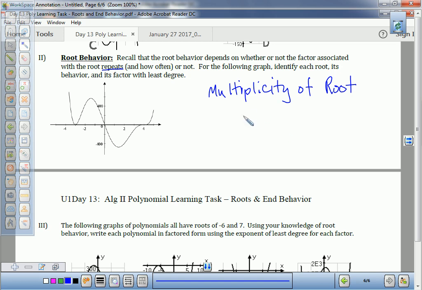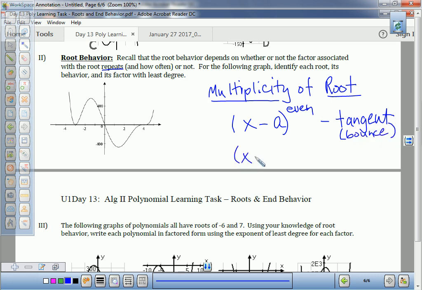So whenever we have a factor that's raised to a power greater than 1, there is multiplicity at that root. So if we have a factor raised to an even power, any even power, then it will be tangent at that root, which means it bounces.